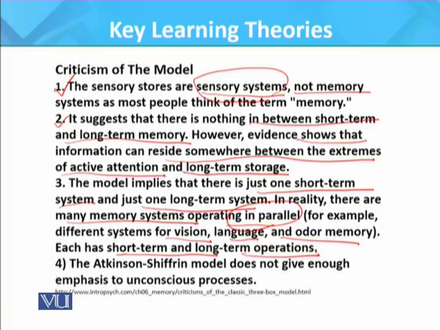And the last point is, the Atkinson-Shiffrin model does not give enough emphasis to unconscious processes. So basically the focus is on the sensory system, and the other areas are neglected in terms of their contribution to information processing.